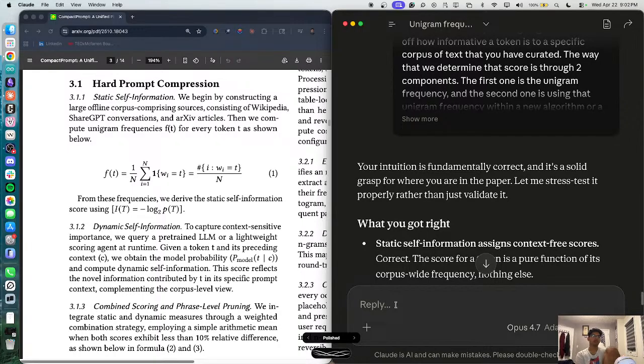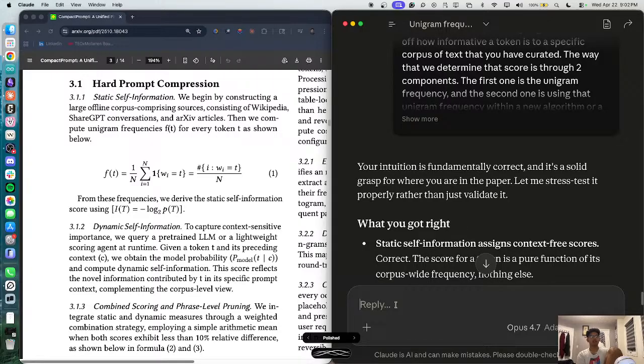And then dynamic self-information, we haven't delved into that literature yet. But basically, to sum it up, hard prompt compression uses the self-information scores to determine what tokens should be removed from the prompt and therefore debloat the actual prompt being sent to the agent.